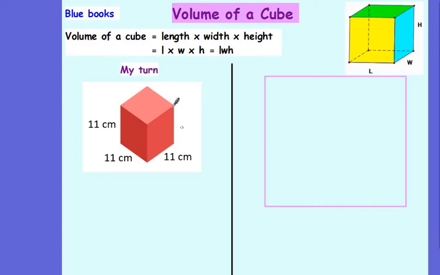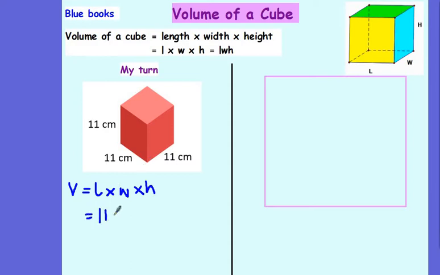So here's my example. I've got a cube which is 11 by 11 by 11. I know my volume is going to be length times width times height. Because it's a cube, I know that my length times width times height are all exactly the same.